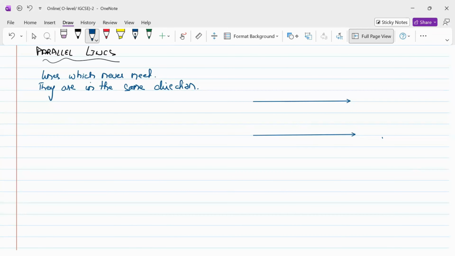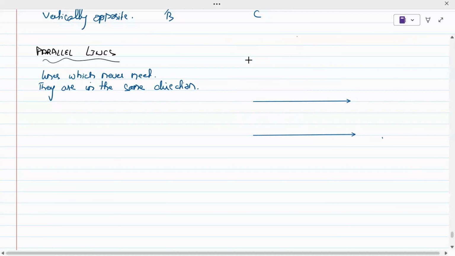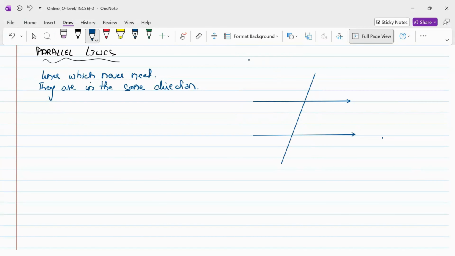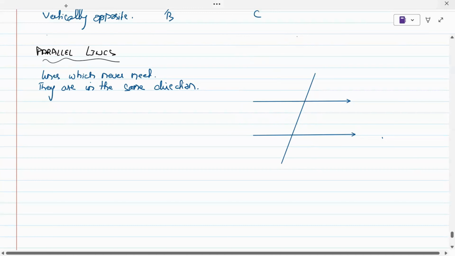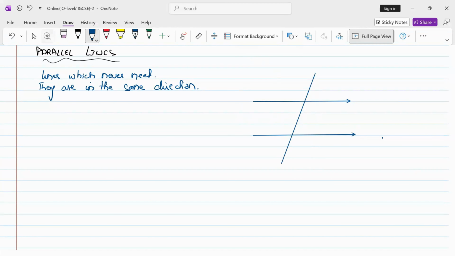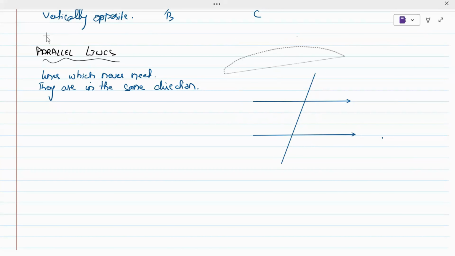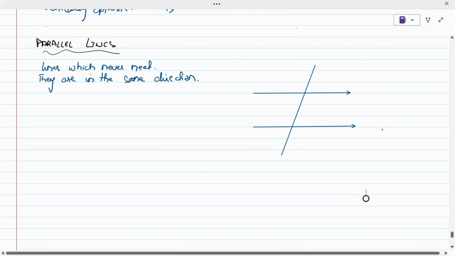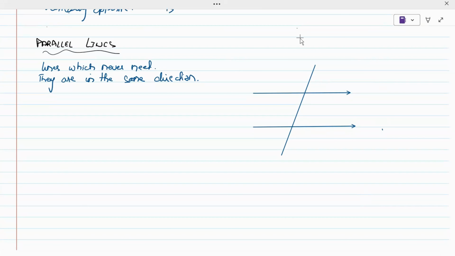So let's suppose we have two parallel lines and a third line cuts them. So we have two parallel lines and a third line cuts them.